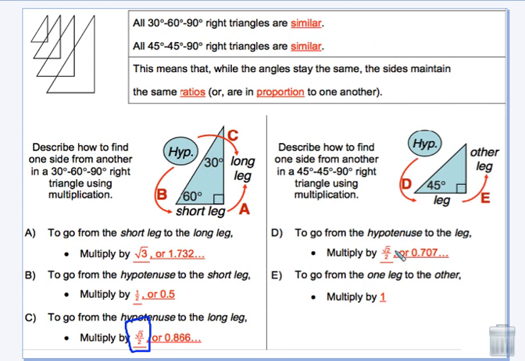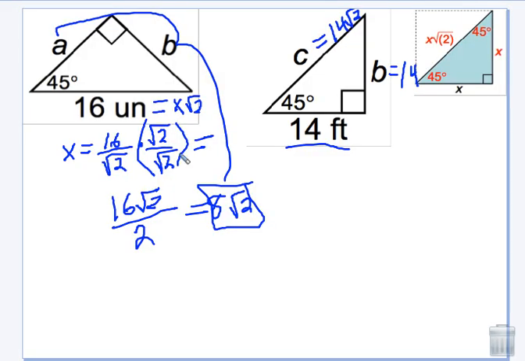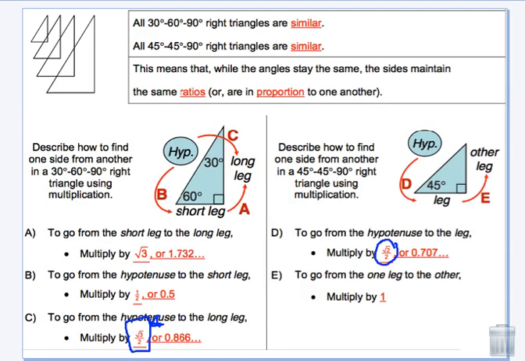Okay, so this might look a little bit confusing because it didn't look like this is what we multiplied by. But let's look at it again. I multiplied by the square root of 2 and divided by 2 for the 45, 45, 90.